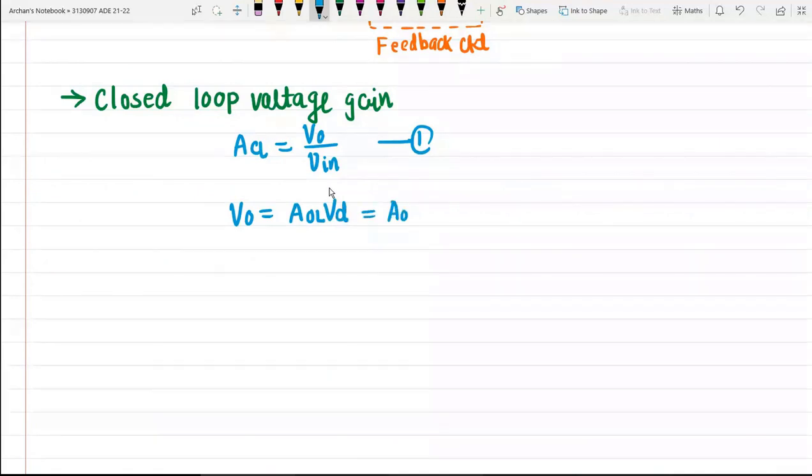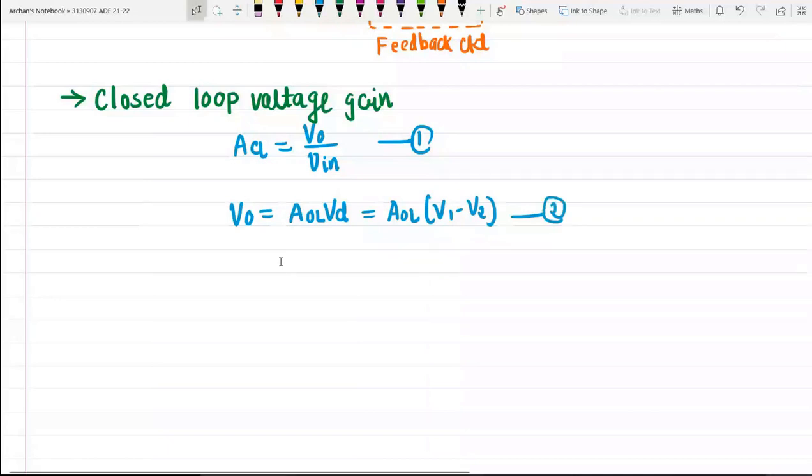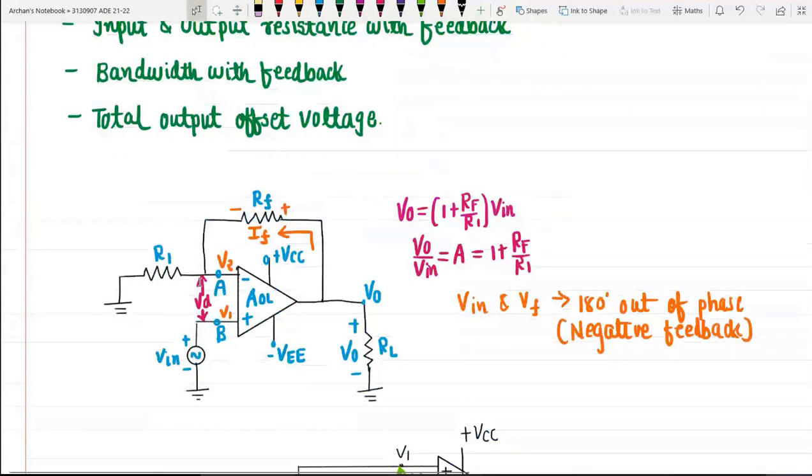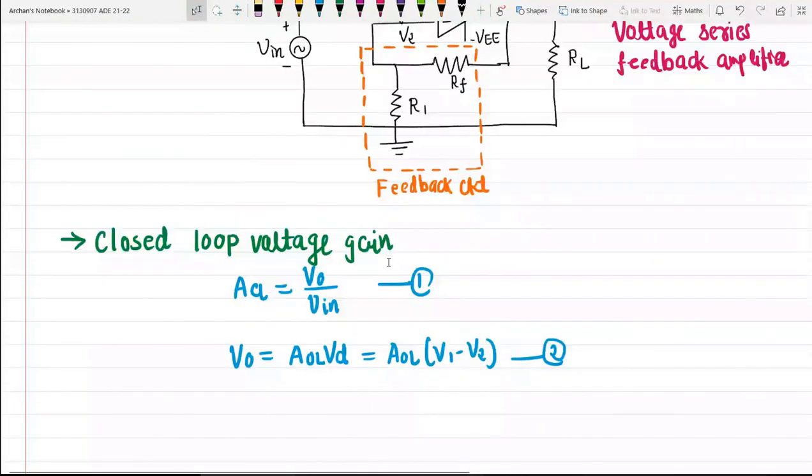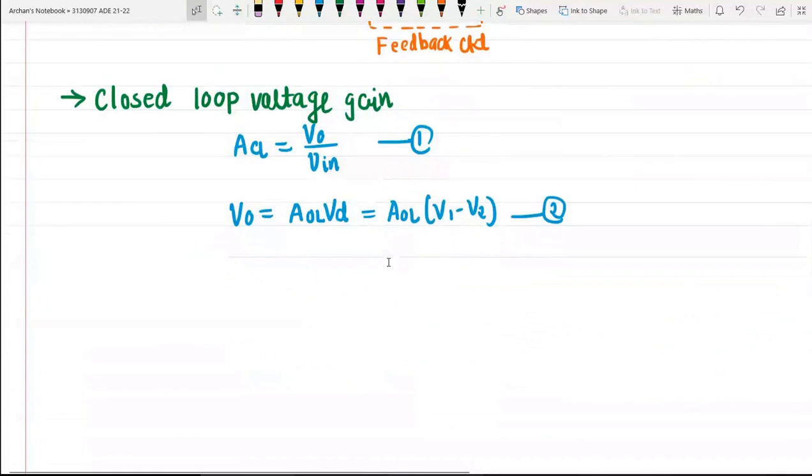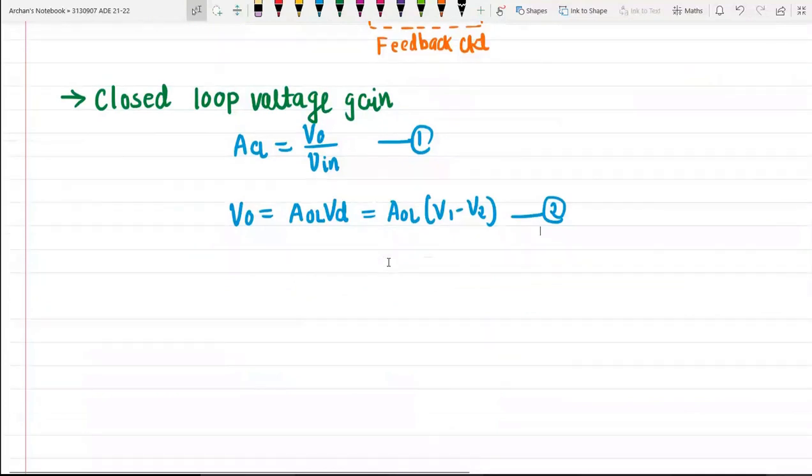VD is the difference between the two terminal voltages, that is V1 minus V2, where V1 is the input and V2 is the feedback voltage which is available across this resistance R1.